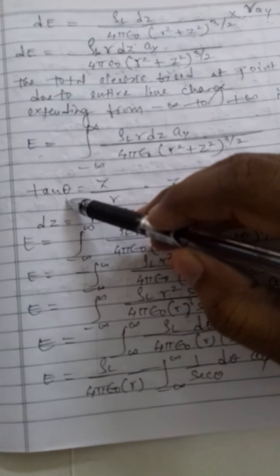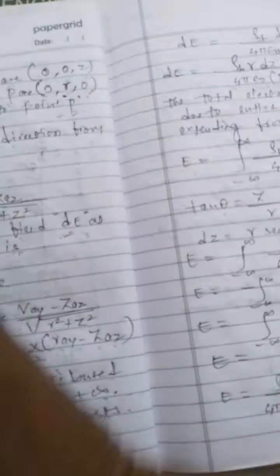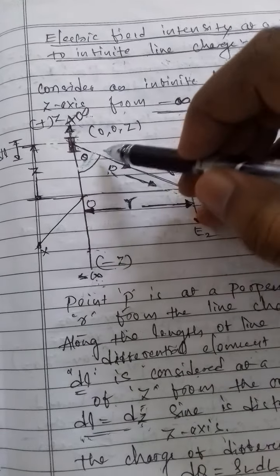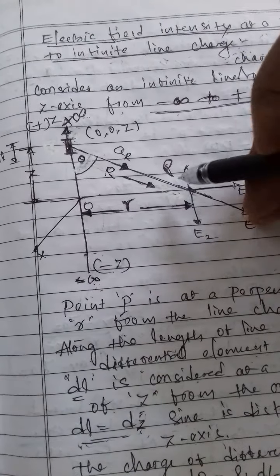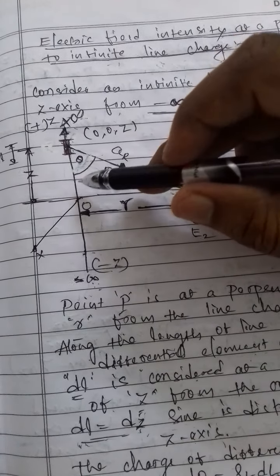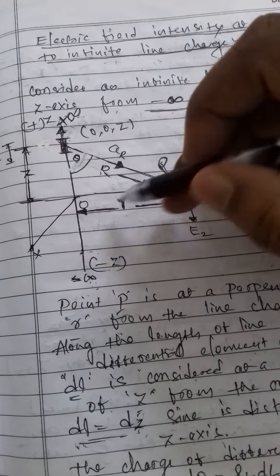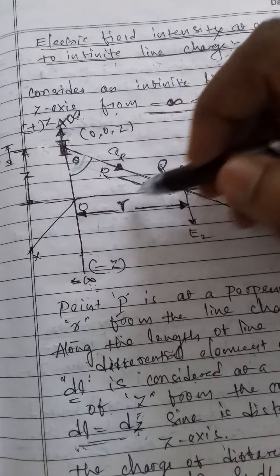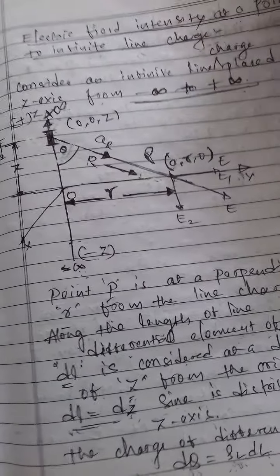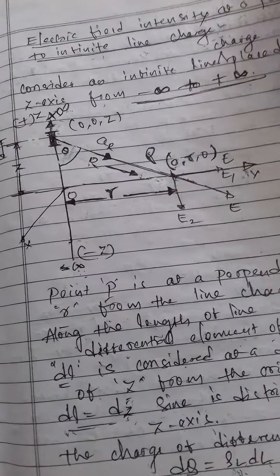Now this is how we will be getting tan theta. Here it is angle theta, and tan theta is equal to z by r.